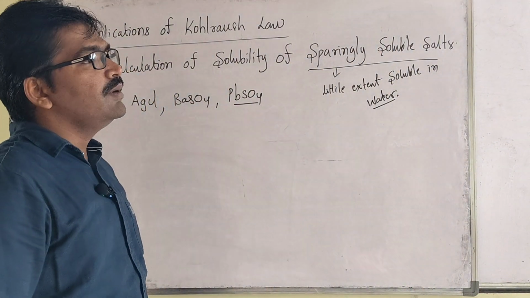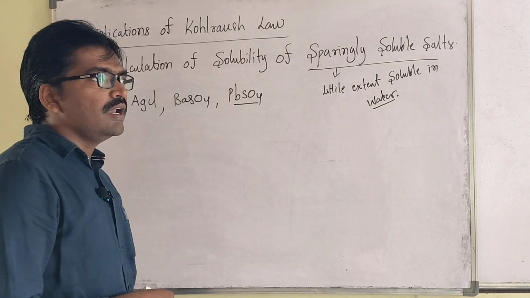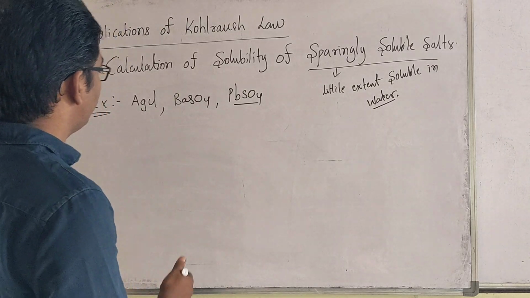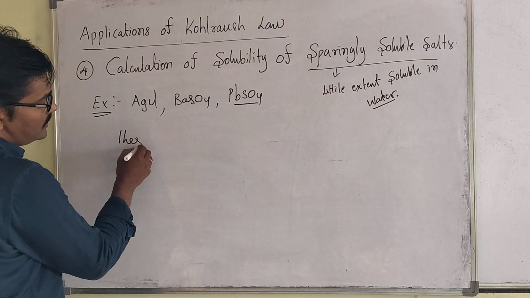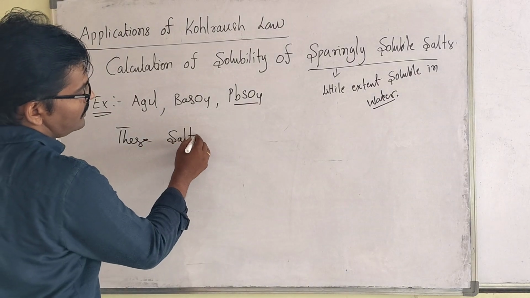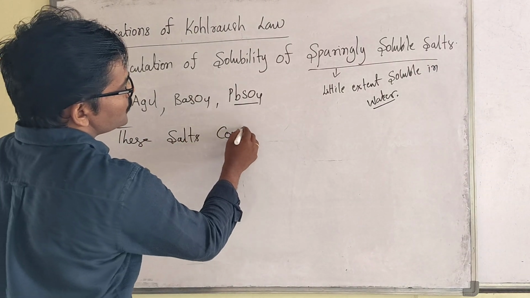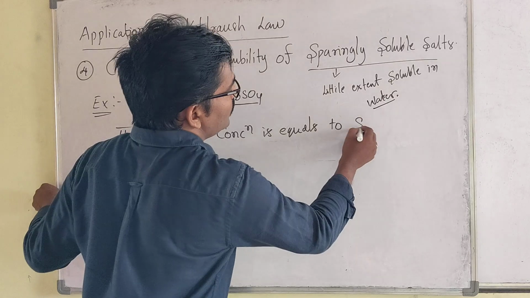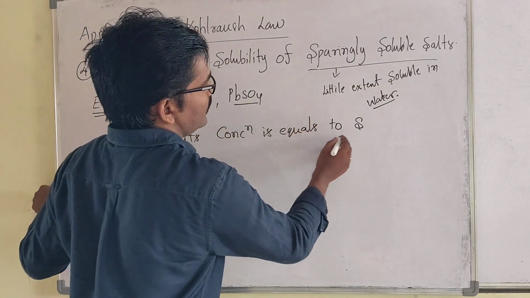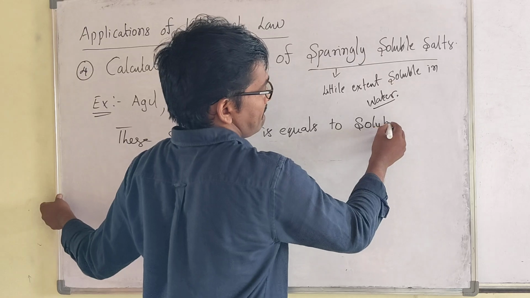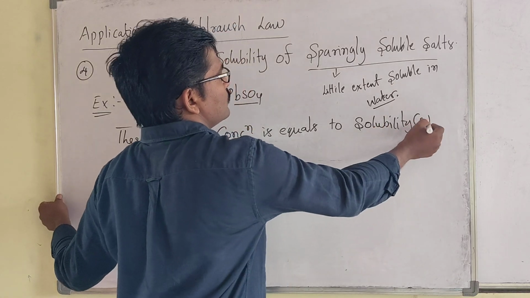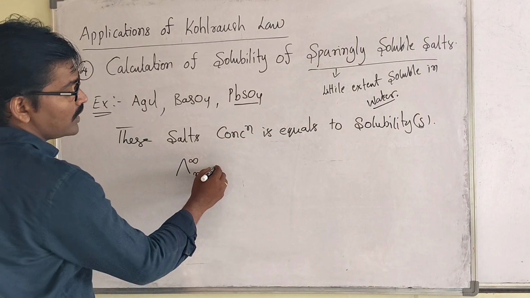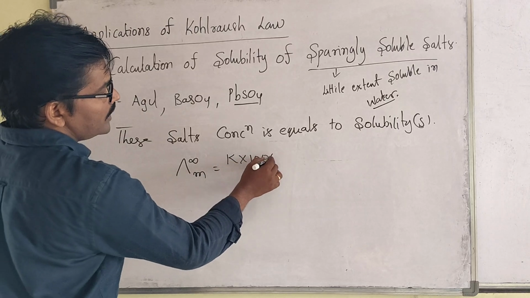Okay, for such salts, when finding the limiting molar conductivity, its molarity itself becomes the solubility, its concentration itself becomes the solubility. For these salts, concentration is equal to solubility. Limiting molar conductivity, actually we define molar conductivity as K into 1000 divided by molarity.